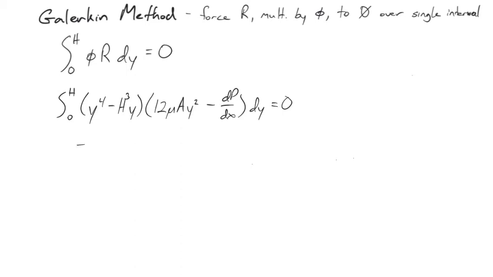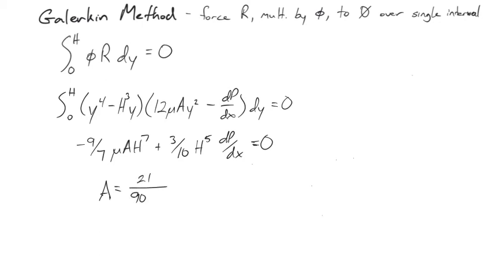So we come up with negative 9/7 times mu a h to the 7th power, plus 3/10 times h to the 5th dp dx, all that equal to 0. So with that we can solve for a and find that it's equal to 21 over 90 times mu h squared dp dx.